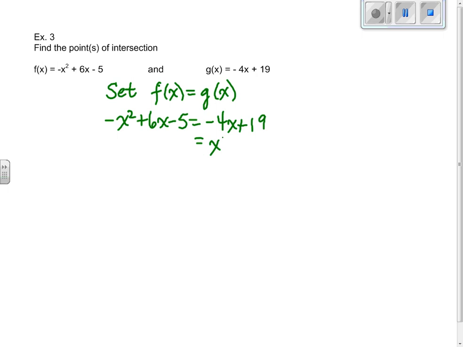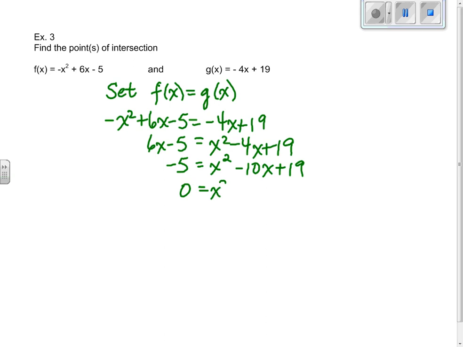I'm going to add x squared to both sides. I am going to subtract 6x from both sides. And lastly, I'm going to add 5 to both sides.